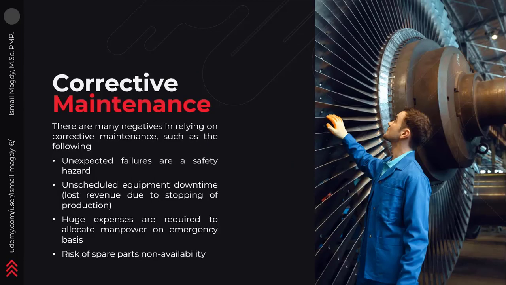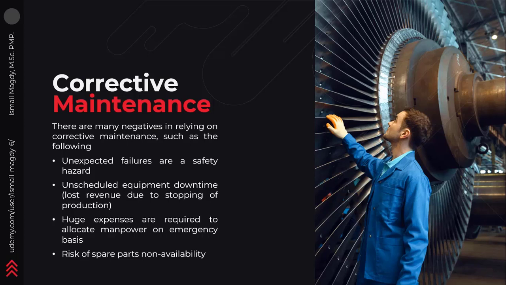So can we just rely on corrective maintenance? I mean, can we just wait for our equipment to fail and then we repair them? Of course not. And this is because corrective maintenance has many negatives. First is that unexpected failures could be a huge safety hazard to people and to the environment.